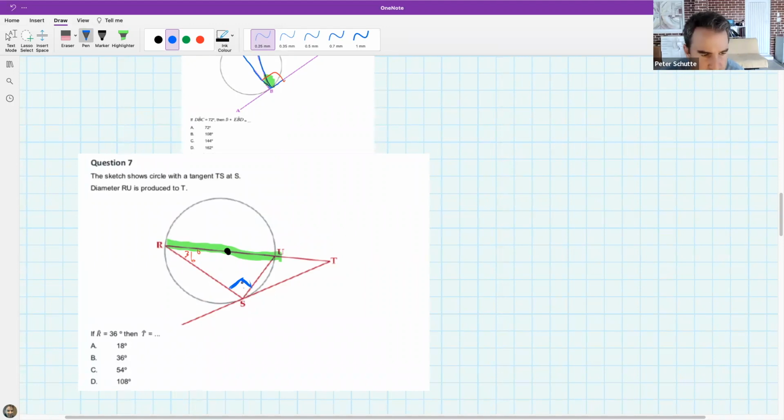So give me the next, then. You went to where, Fatejo? You went after the 90. After that, I said 180 minus 36 minus 90. Okay. And so then what did you get? 54.